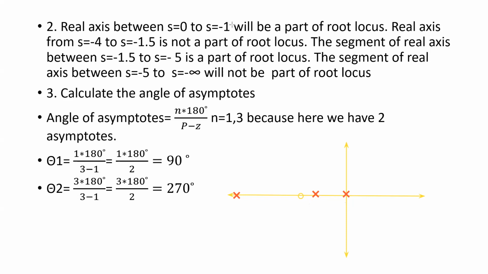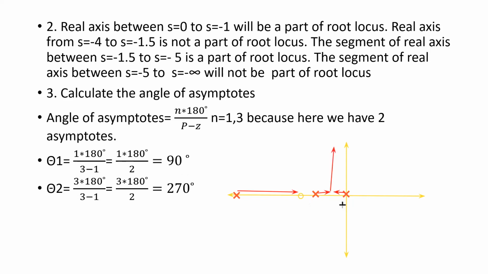Now the root locus which starts from one of the poles will come and end at the 0. But what about the other two? One will come from this end, the other root locus will come from this end.